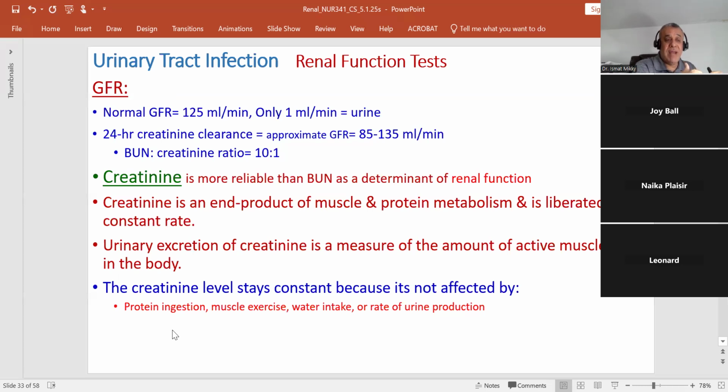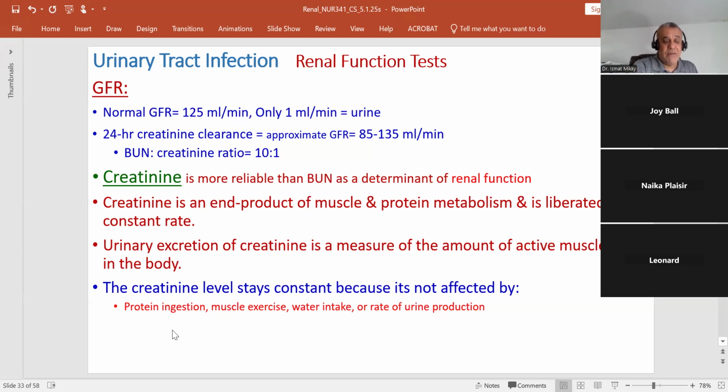Next to it is the creatinine, and the least valid or reliable is the BUN. The reason the BUN is the least reliable indicator of kidney function is that the blood urea nitrogen result is affected by other factors.